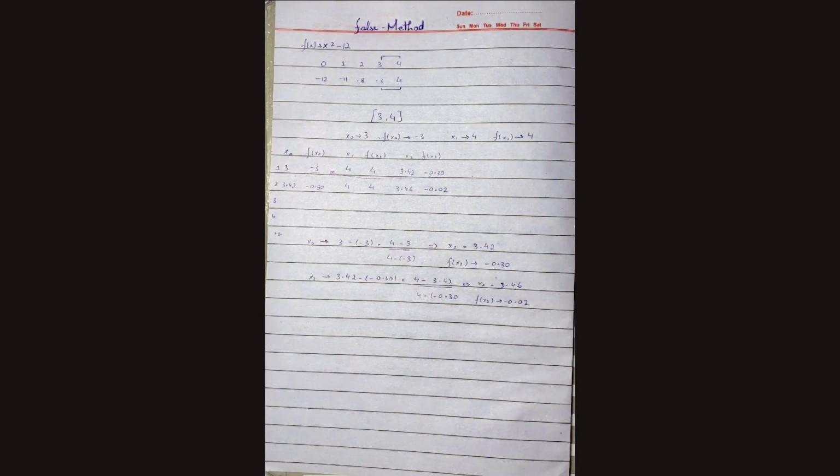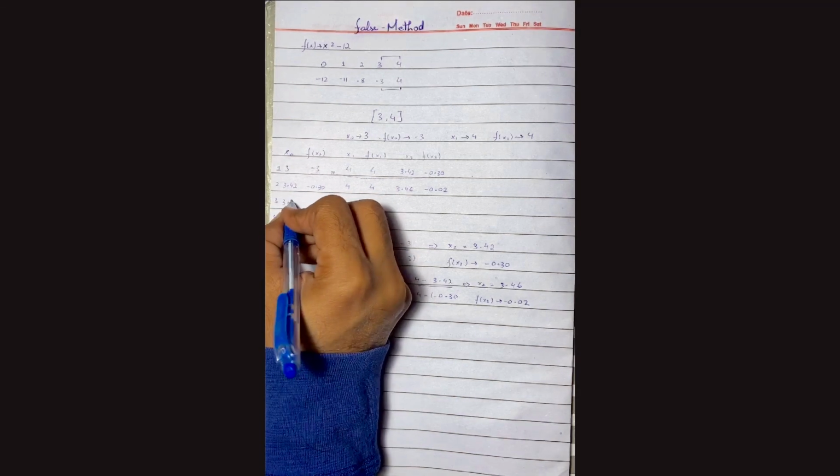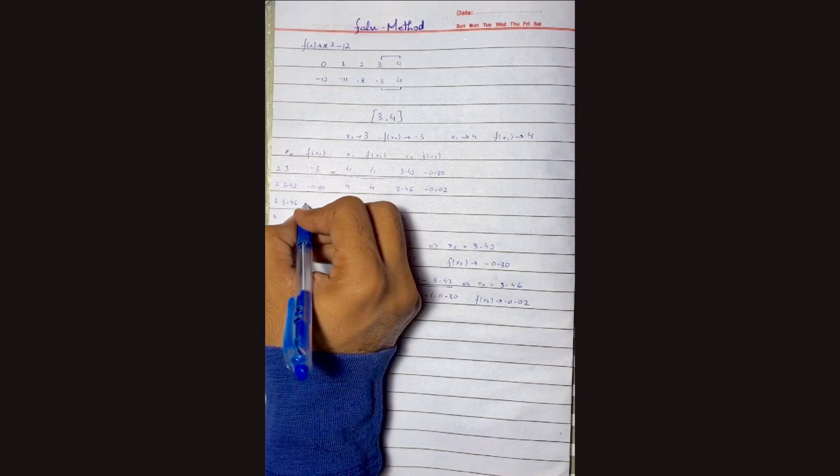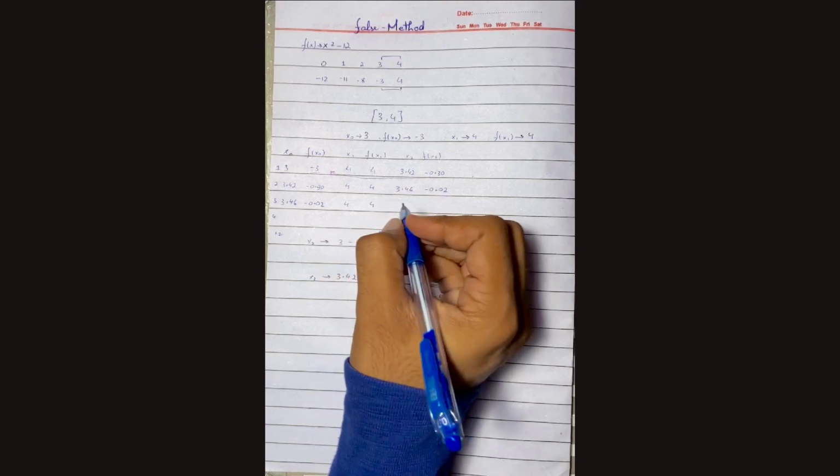Let's swap this value again with the negative sign. Our x naught will change again to 3.46, and f of x naught will be minus 0.02, and x1 will remain the same.